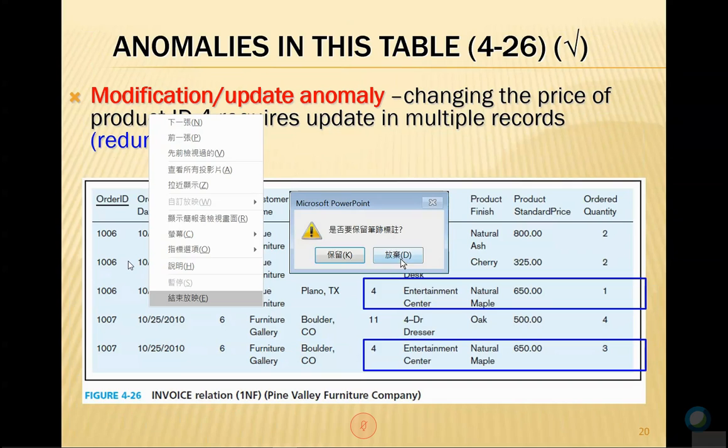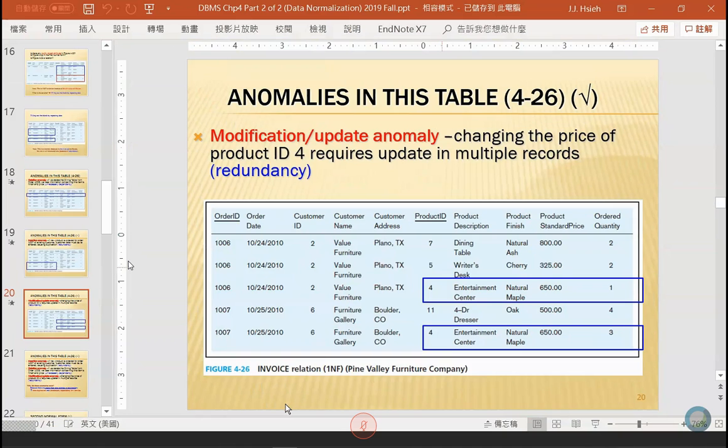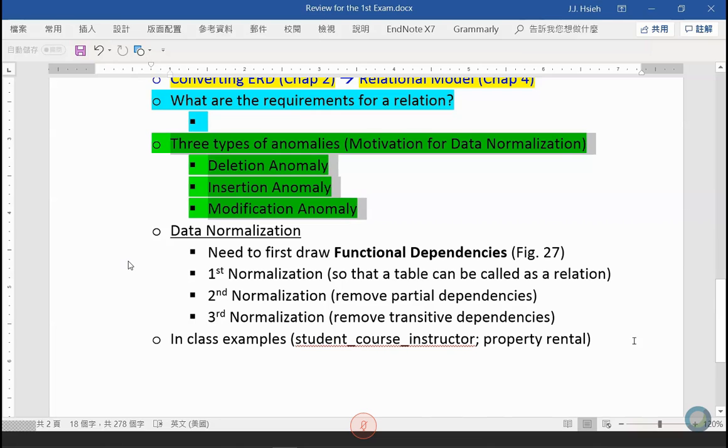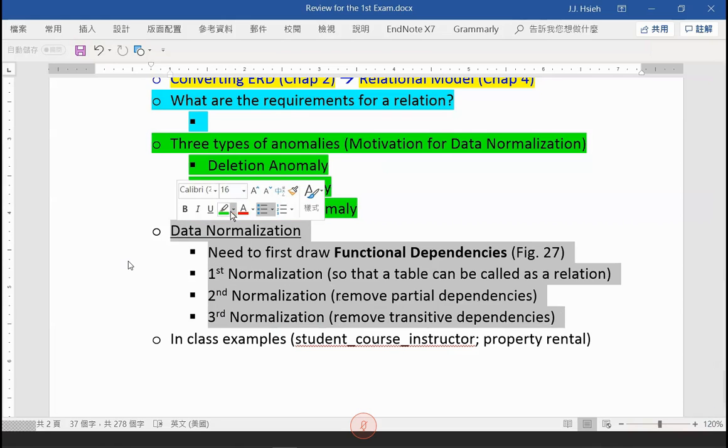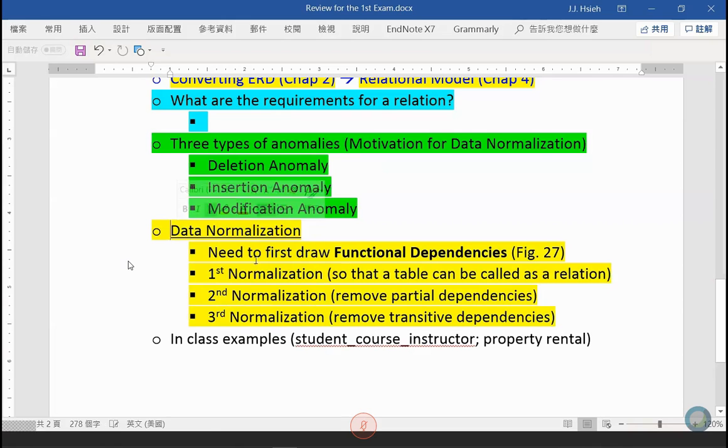So I want to switch to the Word document now. The critical component for chapter 4 is data normalization. And in data normalization, one thing you need to know is how to draw the functional dependency.